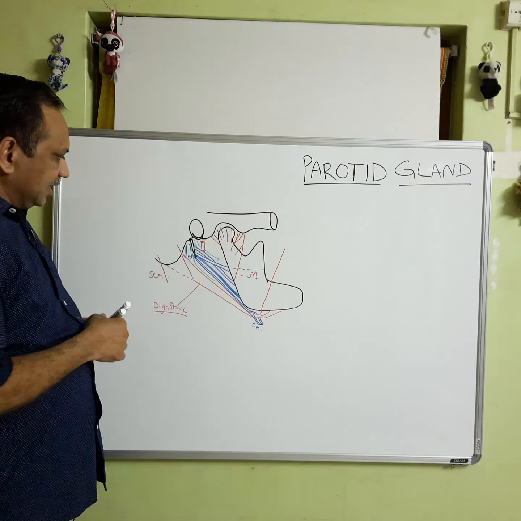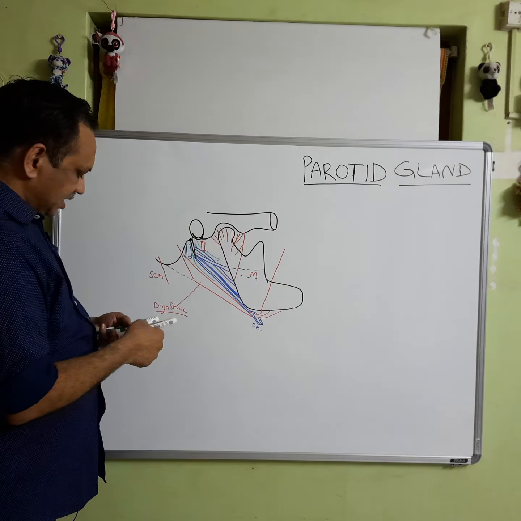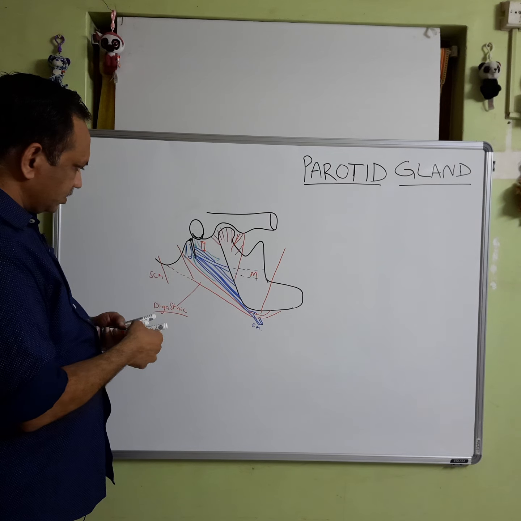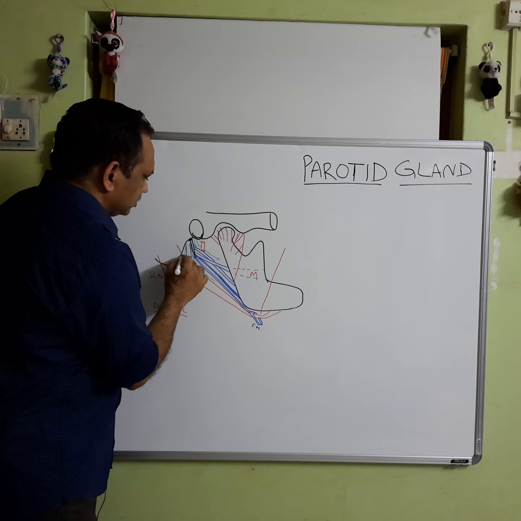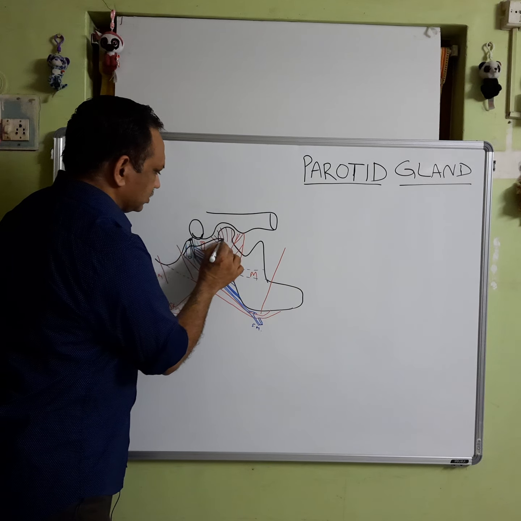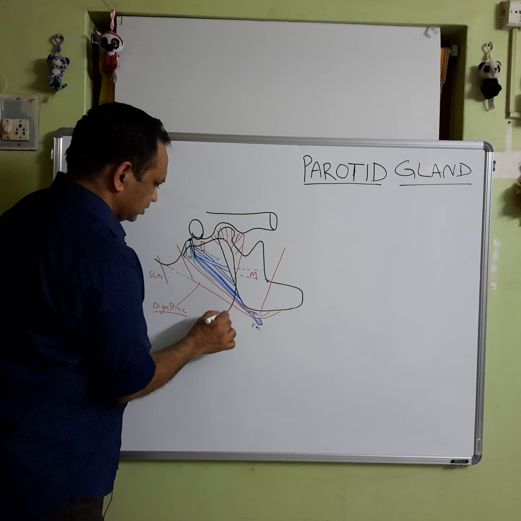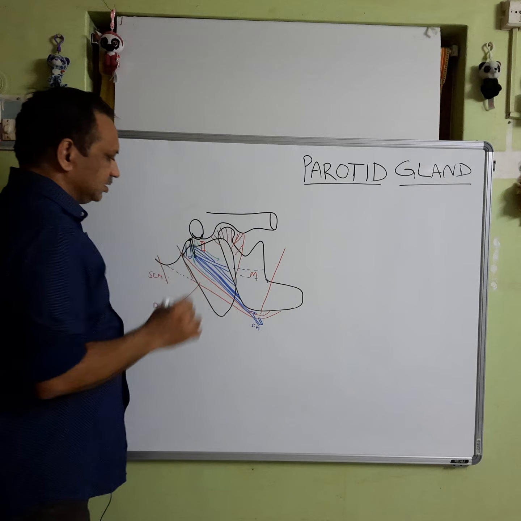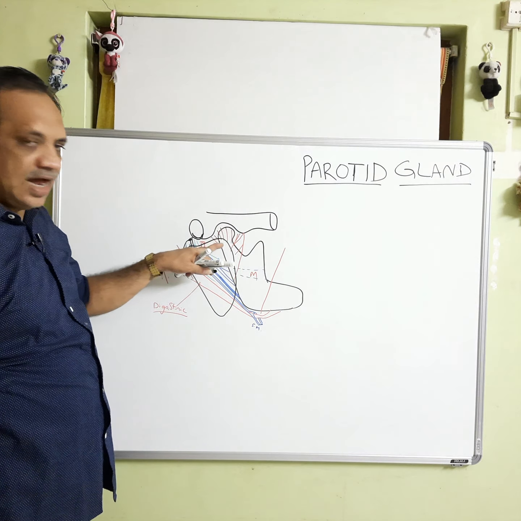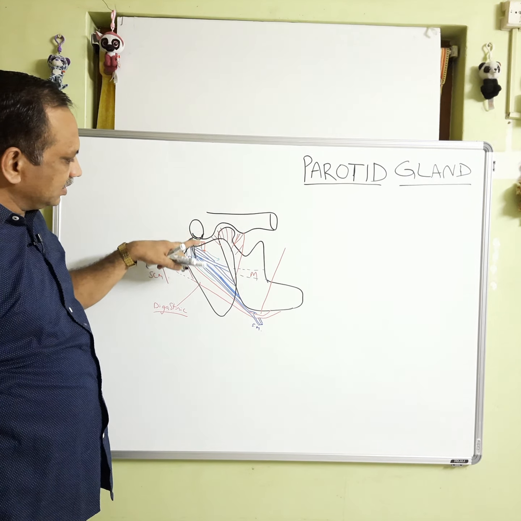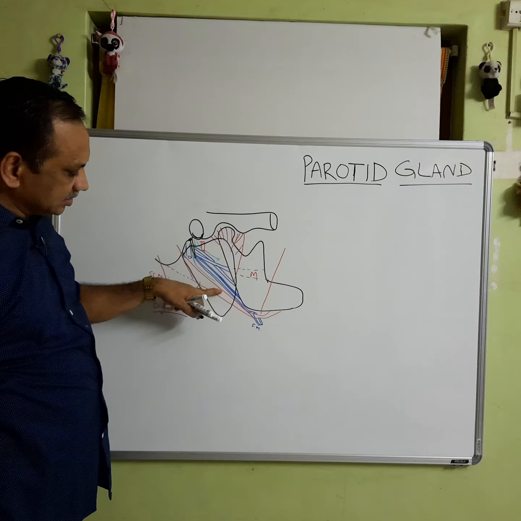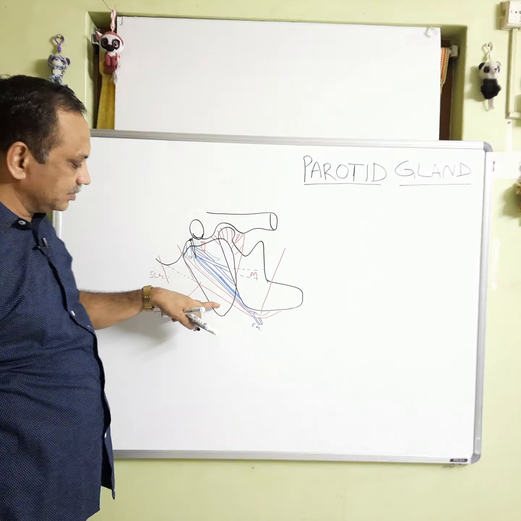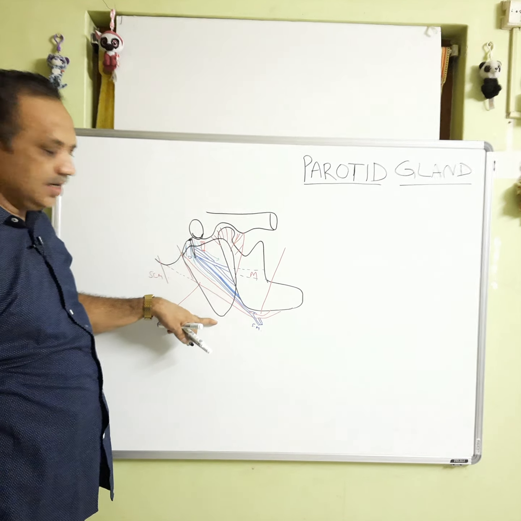The parotid gland is molded here like this. So, from here to here, like this. Thus, the base of the gland is present below the external acoustic meatus and the apex crosses the posterior belly of the digastric muscle to enter the carotid triangle.